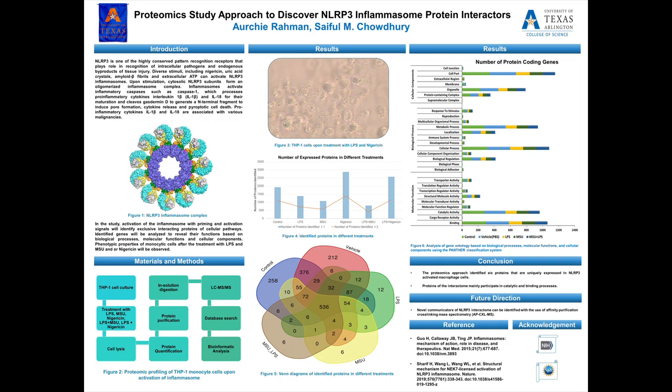When we did the PANTHER classification on the identified proteins, it gave us the molecular function, the biological function, and the cellular location of these proteins in the system. We saw that the identified proteins were mainly participating in catalytic activity and in binding activity in the cells.